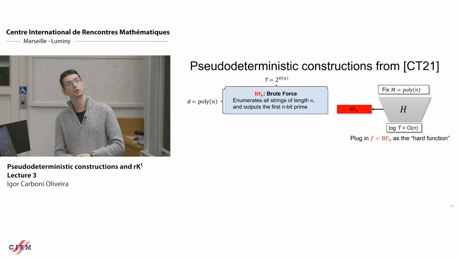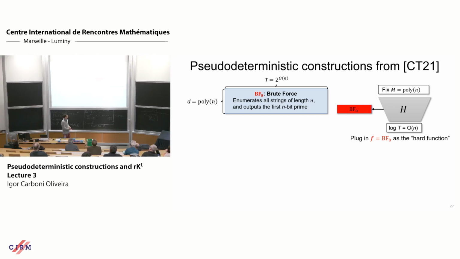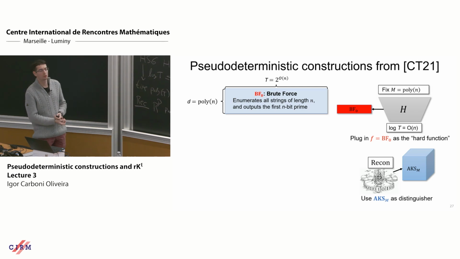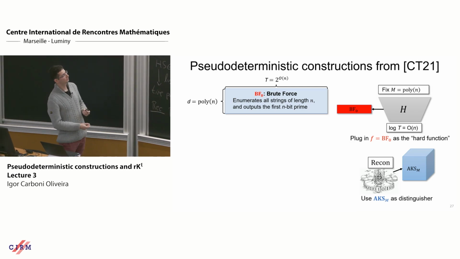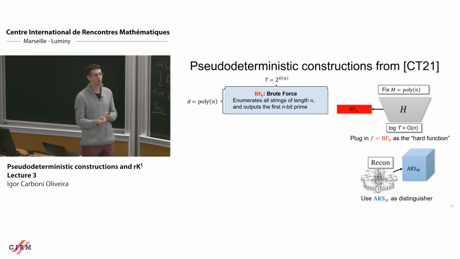It will stretch log t bits, which for us is linear in n, to capital M, which we're going to choose to be poly n. So we have polynomial stretch, and we also have this reconstruction procedure. We will try to use the generator with the AKS test, and if it doesn't work, then we will reconstruct using AKS.